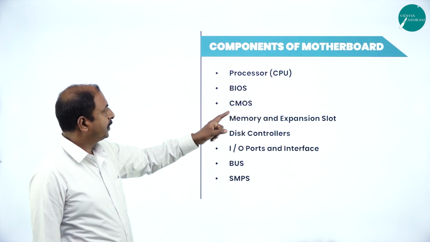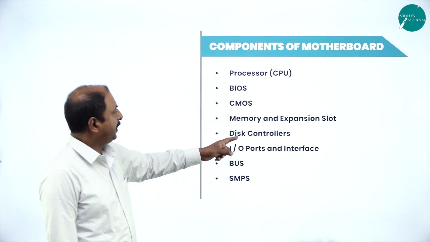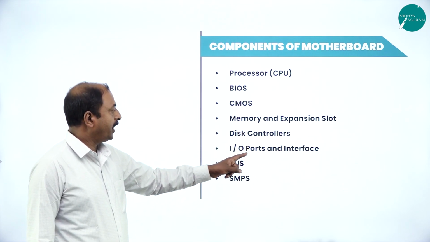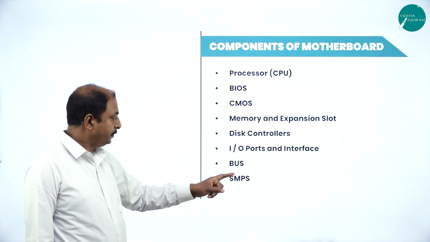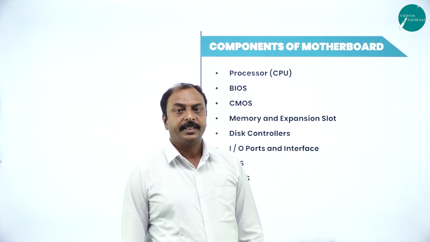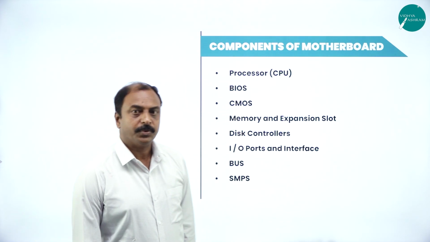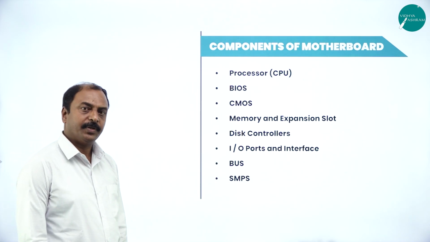Next, BIOS, CMOS, memory and expansion slot, disk controllers, I/O ports and interface, bus or bus system, SMPS. These are the different important components on the motherboard. Now let us discuss these components one by one.